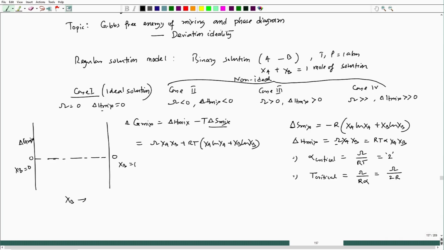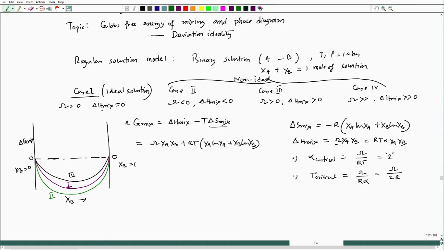So, I have seen that if this is case, let us say 3, then case 2 would be this, and this one should be case 1.